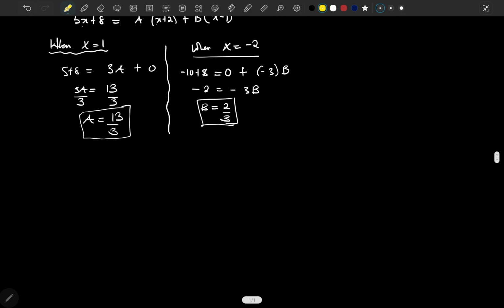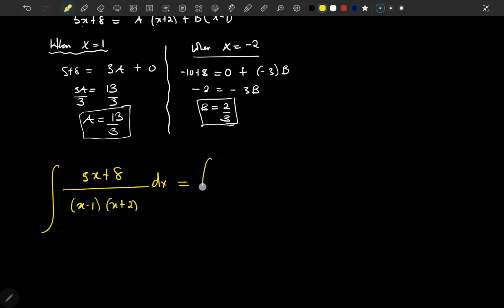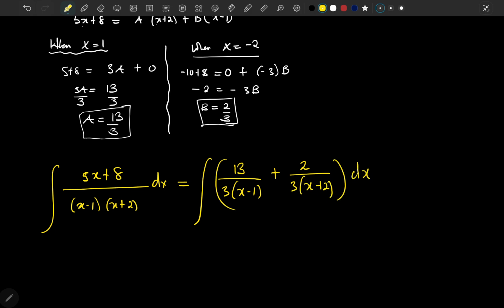Then the next step is to integrate. If I'm going to integrate (5x + 8) over (x - 1)(x + 2) with respect to x, it's the same thing as integrating 13 over 3(x - 1) plus 2 over 3(x + 2).